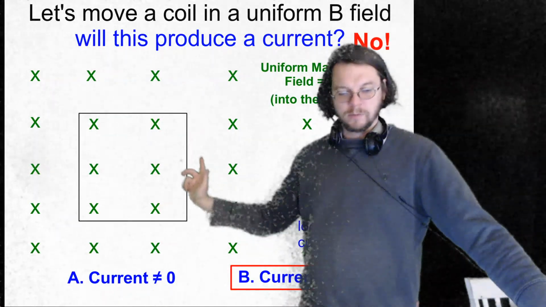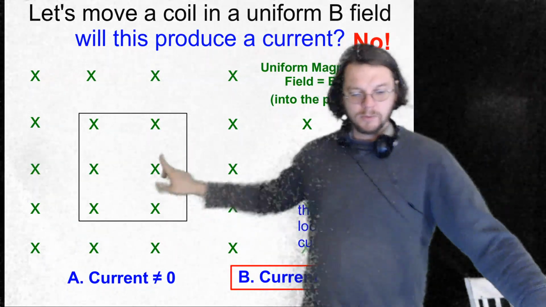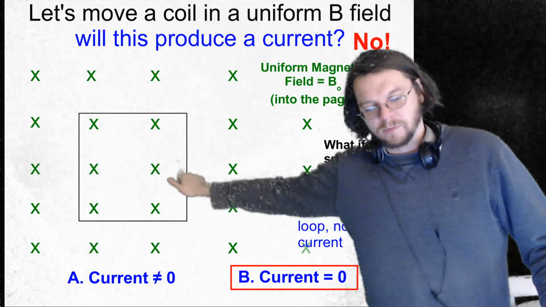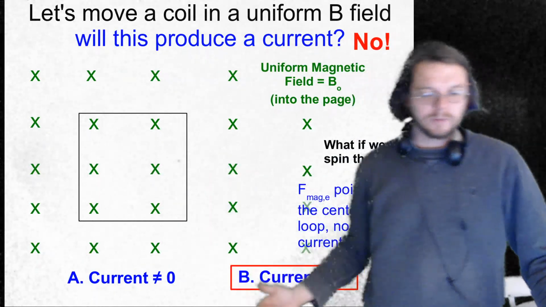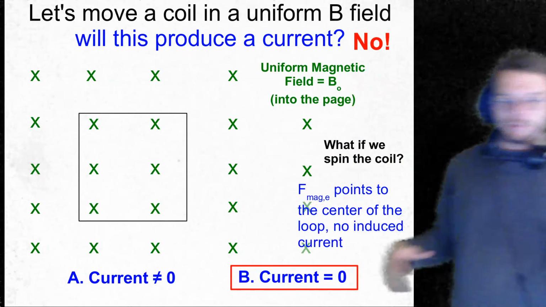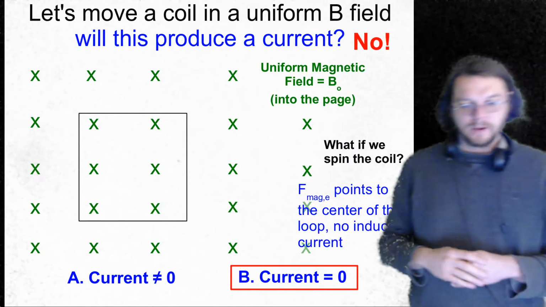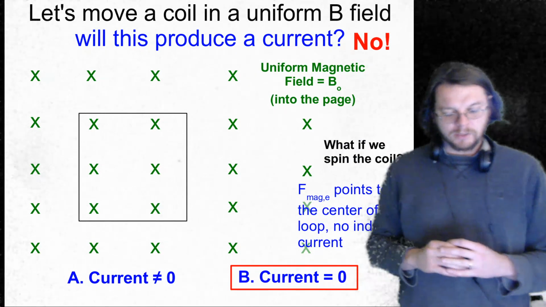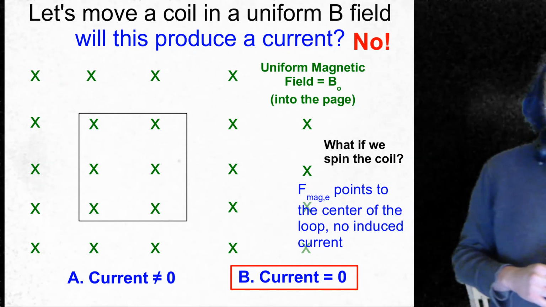Likewise over here, our velocity is up this way, magnetic field's into the board, V cross B, QV cross B. So somehow the force is all pointing radially away. And so again, that's not going to be the kind of thing that's going to produce a current.